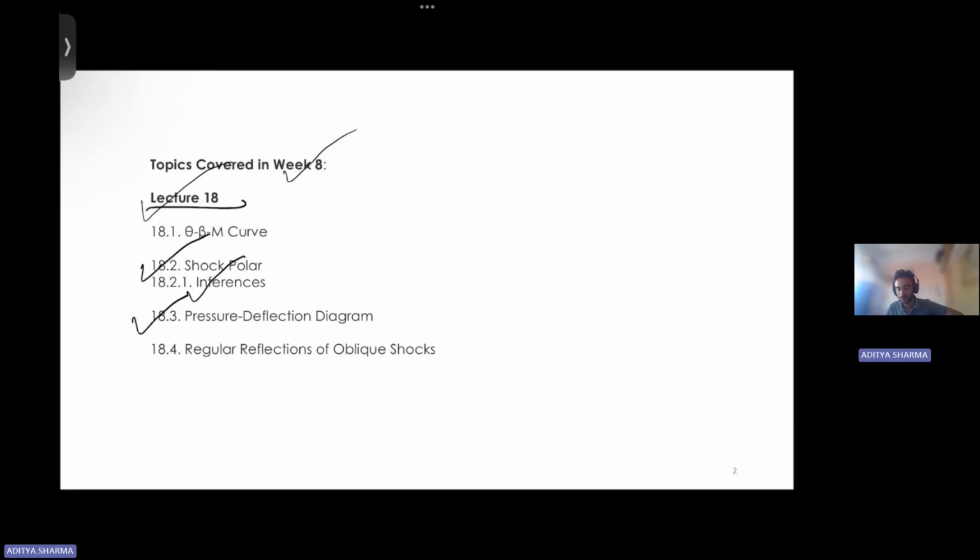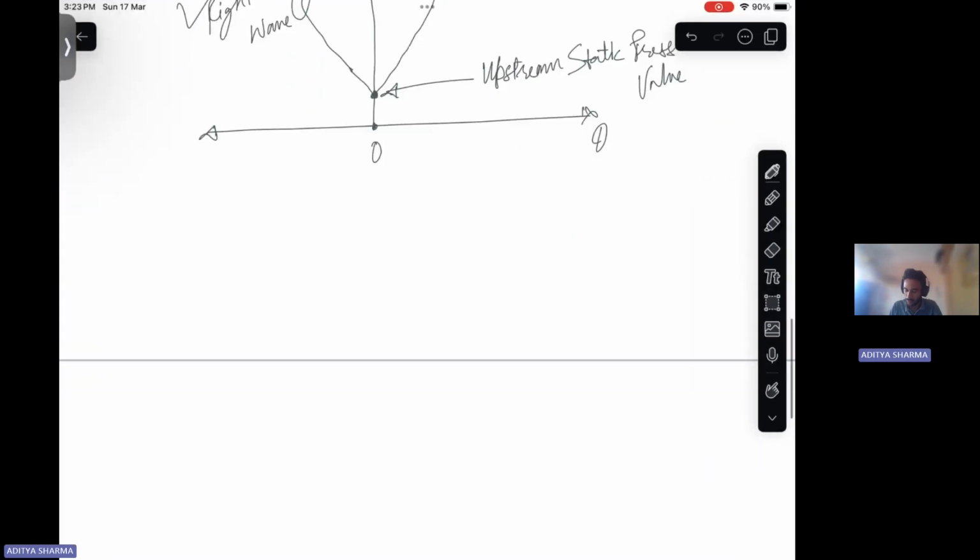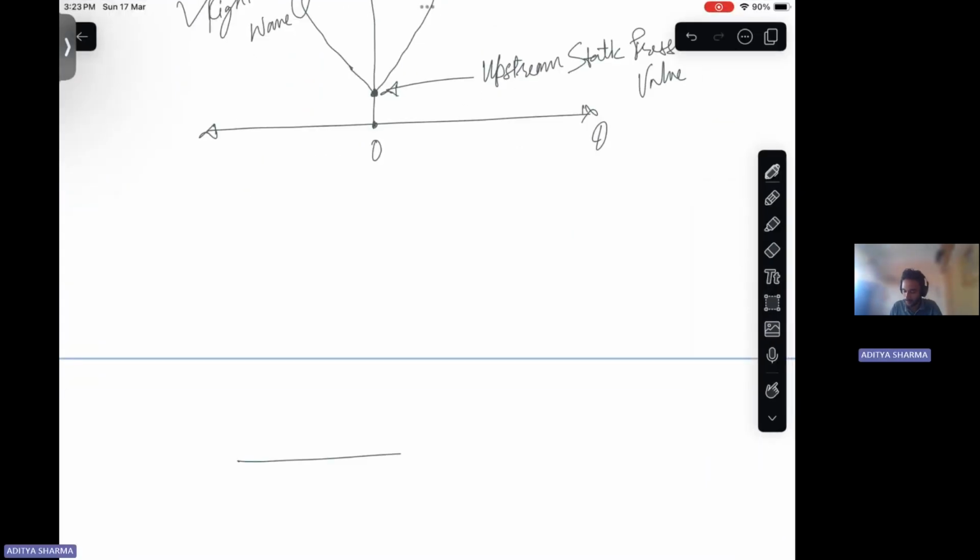So this is our pressure deflection diagram, static pressure and theta. Then there are regular reflections of oblique shocks. If there are two walls and there is flow in one direction, and we give some deflection to the flow, we get this oblique shock.